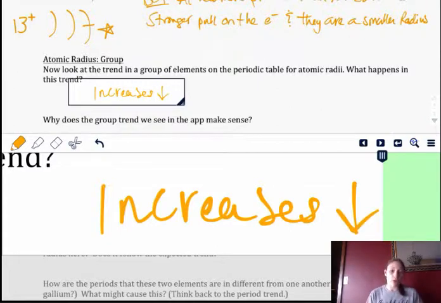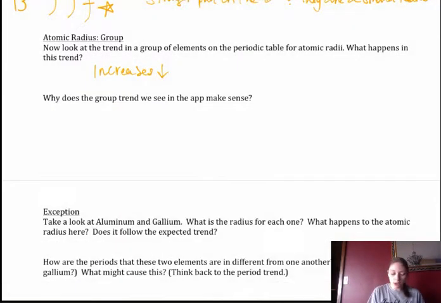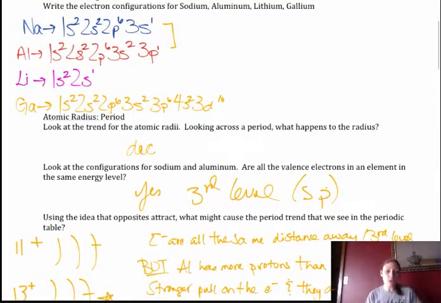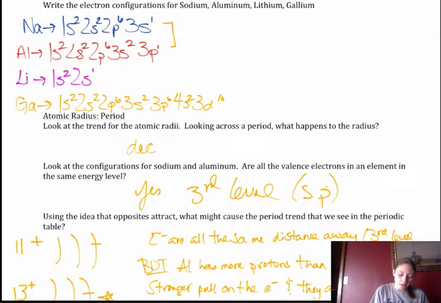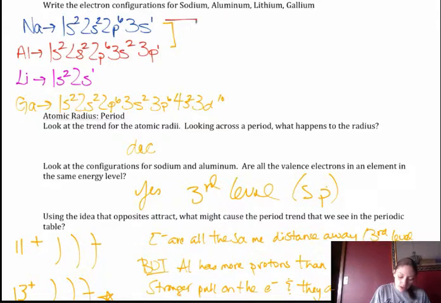So why does the group trend we see make sense? I'm going to compare again and talk about two elements that are in the same group. I'll use a different color here: sodium and lithium are in the same group. Lithium only has 3 electrons, so it ends in a 2s, but sodium has 11 electrons, and it ends in a 3s.